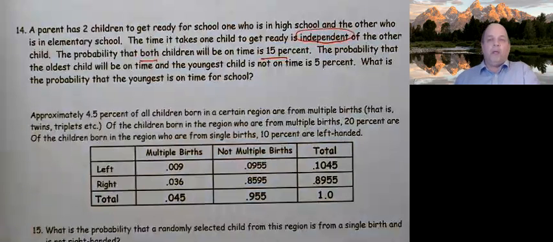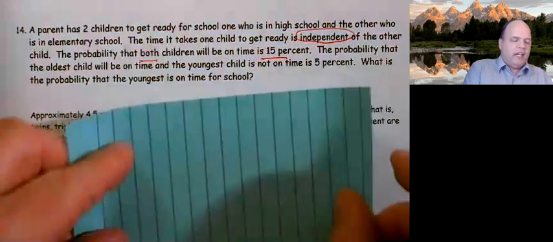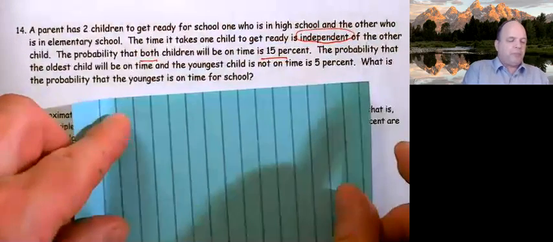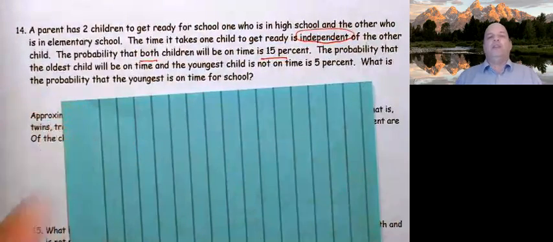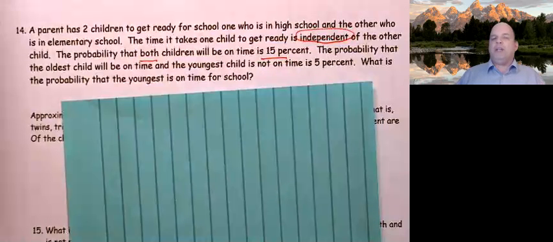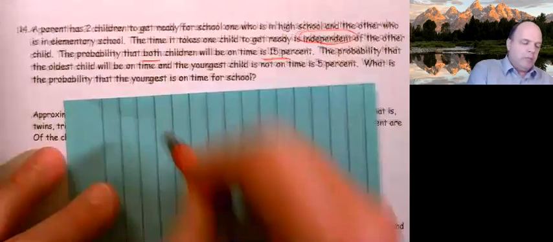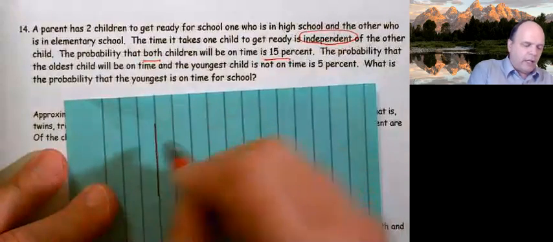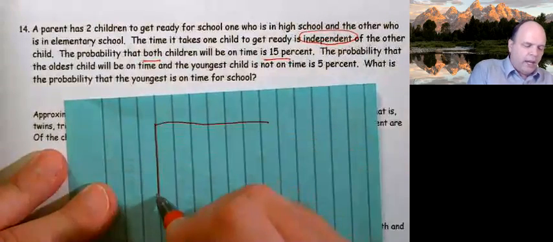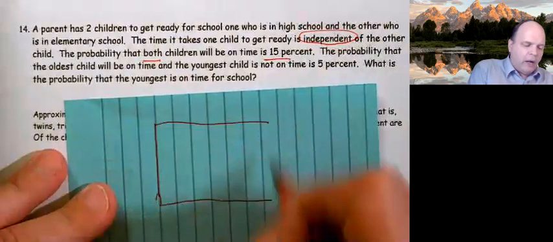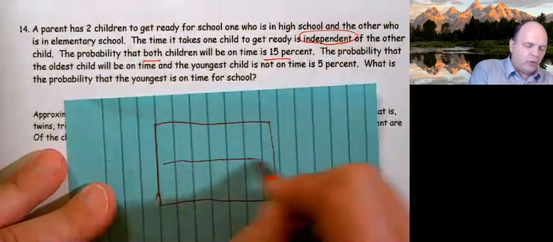Well, I look at that problem and there's a lot of information and it doesn't make a lot of sense to me. But I do notice that I have two things. I have a younger child and an older child. Maybe a table will help. Maybe it won't, but I always find that if I've got a couple things to work with or I can't make sense of things, the table's a nice organizational tool.